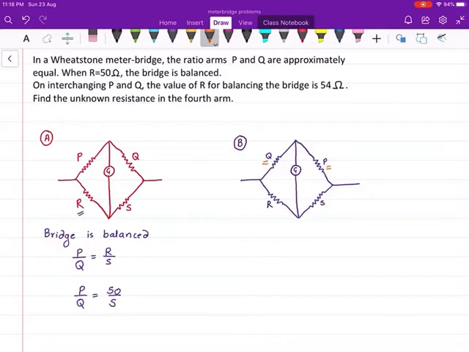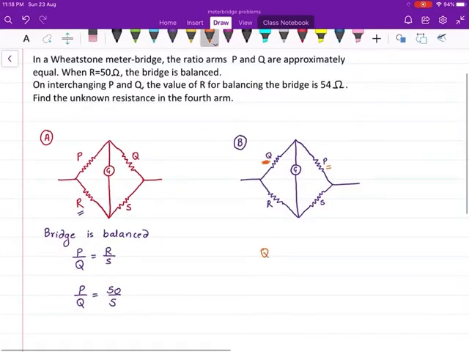The equation is going to be Q upon P, since Q is now in this place. So I get the condition Q upon P is equal to R upon S.